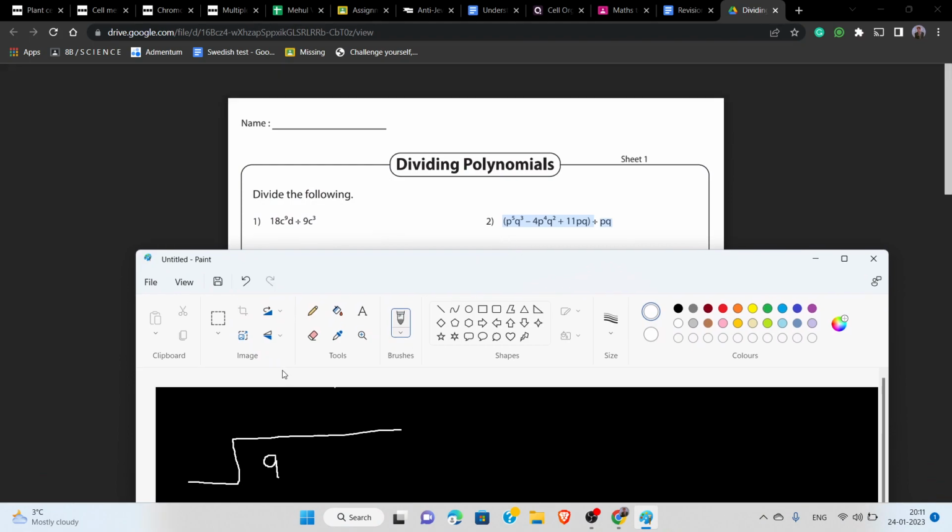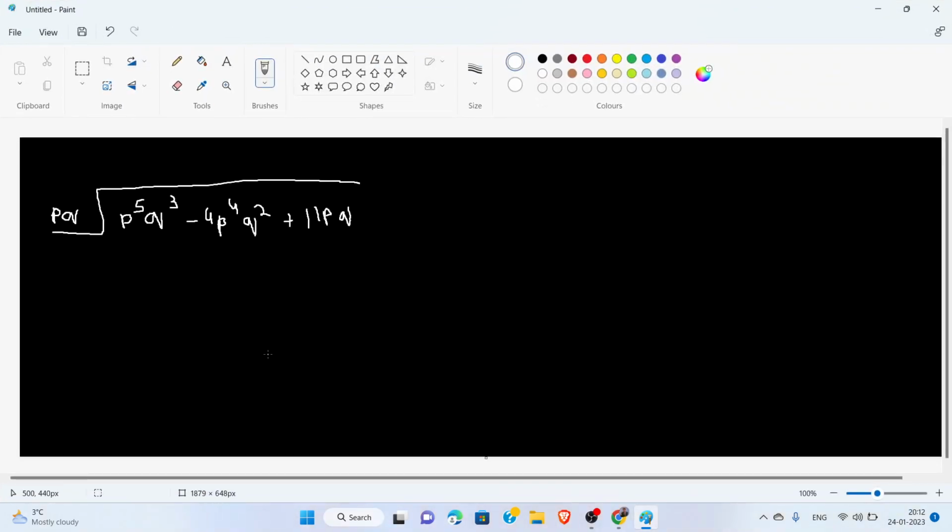First I'll write the divisor PQ, and the dividend is P to the power 5 Q to the power 3 minus 4p to the power 4 q squared plus 11pq. I'm just going to extend this.